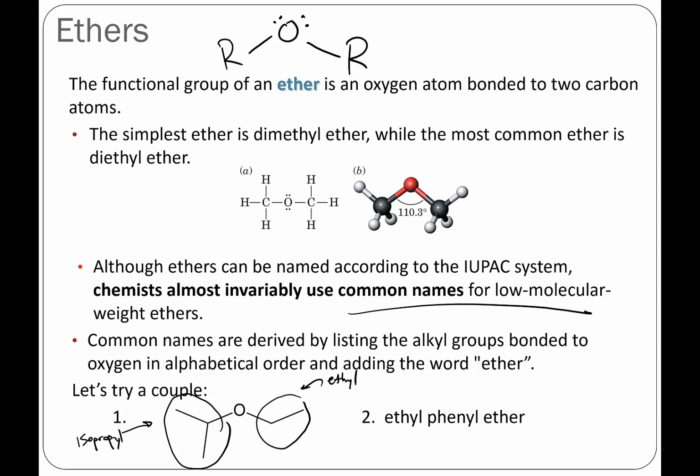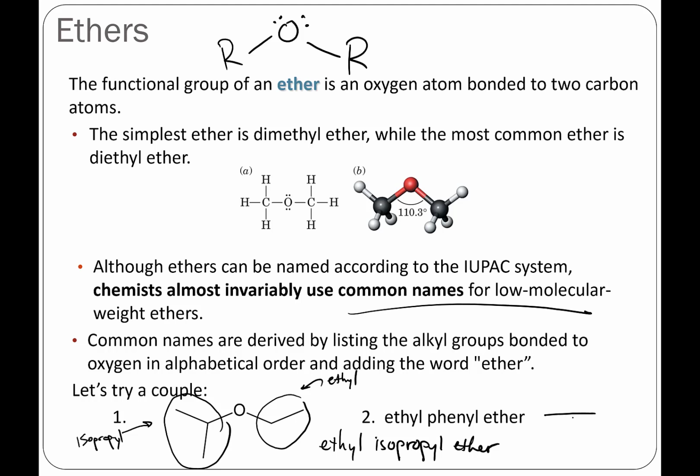And again, we didn't make that up. That was made up by the powers that be. But anyway, ethyl comes before isopropyl in any case, or it comes before iso or propyl, so it wouldn't really matter. It's just a reminder. This becomes ethyl isopropyl ether. Okay. Ethyl isopropyl ether. Make sure I got that.